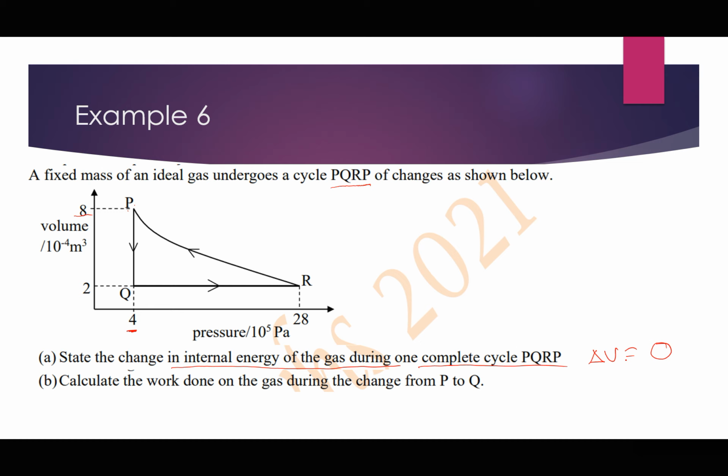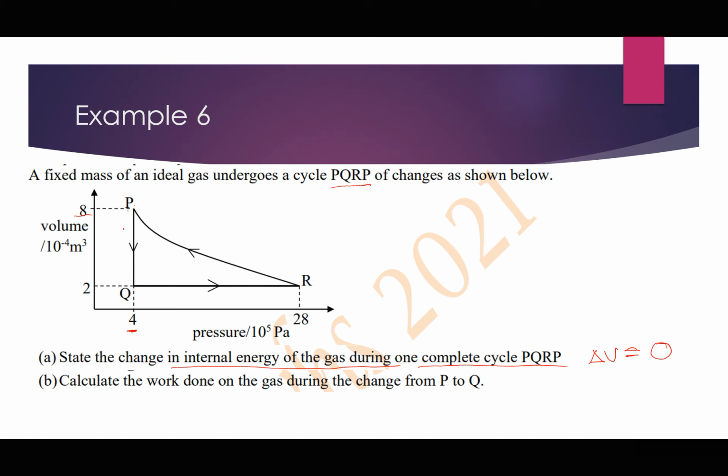If the initial temperature is the same as the final temperature, or for an isothermal process, I want to emphasize that the change in internal energy is always zero. If we come back to the same point, we are coming back to the same temperature.